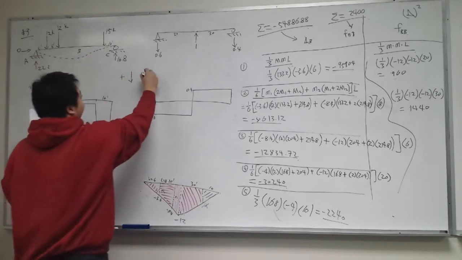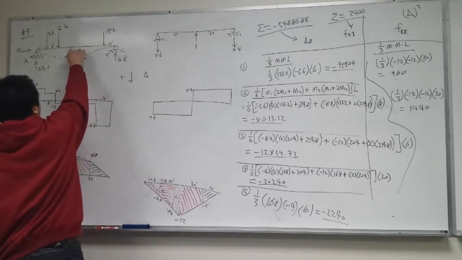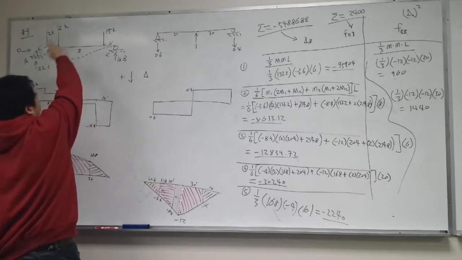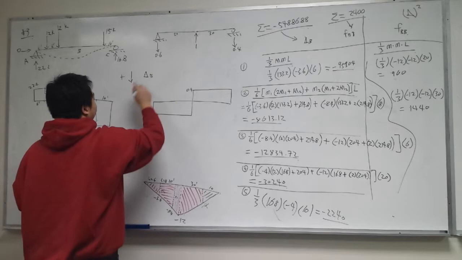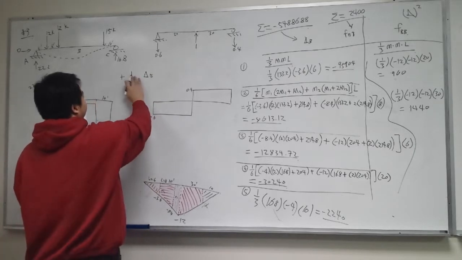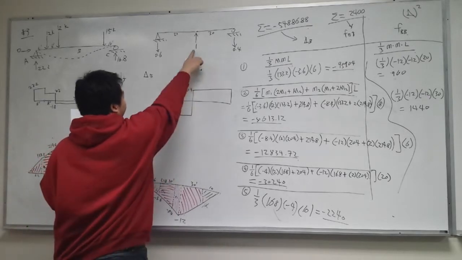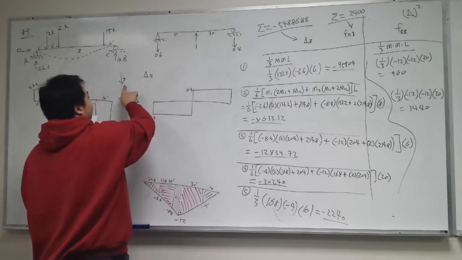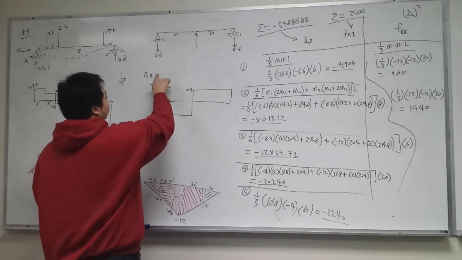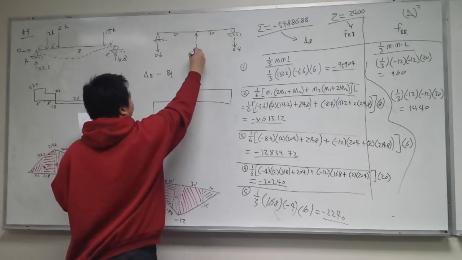This one deflects, turning clockwise, so you're going to have delta B. This one is going up, but I assume going down is positive, so in this case it's going to be negative By, because By creates a force going up.